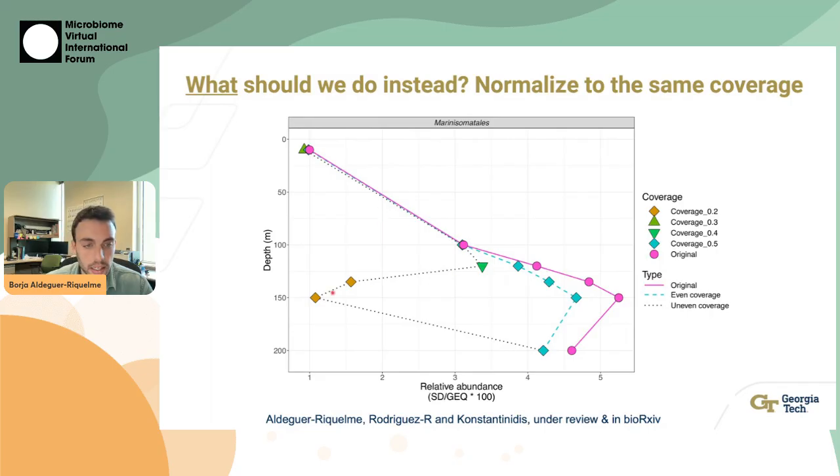As you can see here, what we got is actually a drop instead of a peak in the abundance of the Marinosomatales. So if we were analyzing metagenomes with an uneven coverage, then the conclusion that we could get from this data would be wrong.